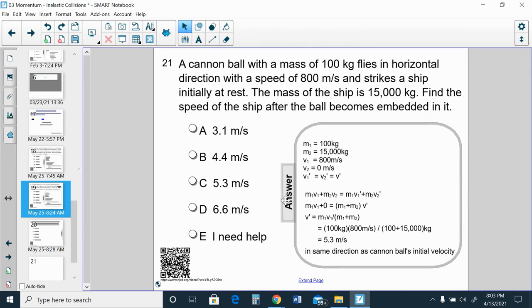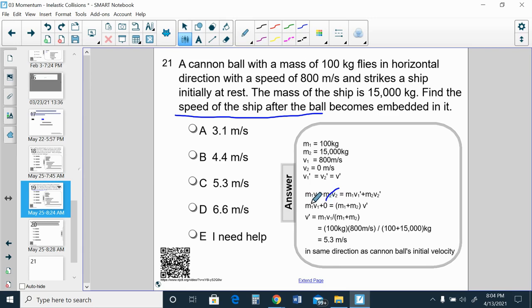Okay, so we have our givens listed here. The cannonball is object 1, the ship is object 2. We have masses and velocities for each. Again, we want to find the speed of the ship and the ball together, so the after velocity. Again, object 2, the ship, is at rest, so that ends up being 0.